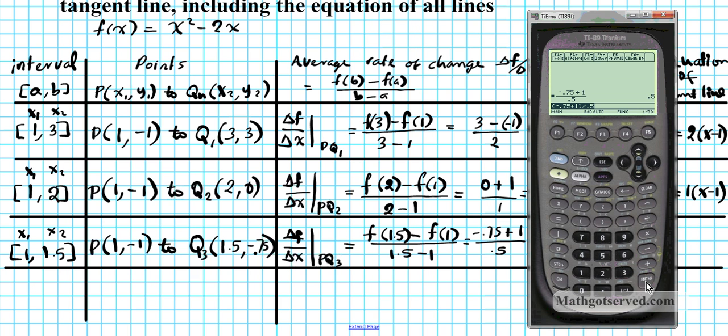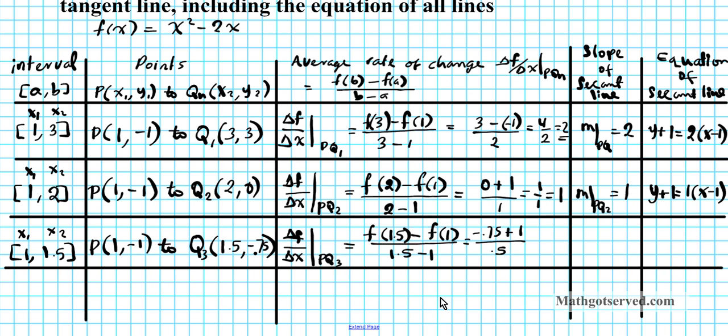And your final answer is 0.5 or 1/2. 0.5 is the same thing as 1/2. So the slope of the third secant line is equal to 1/2.